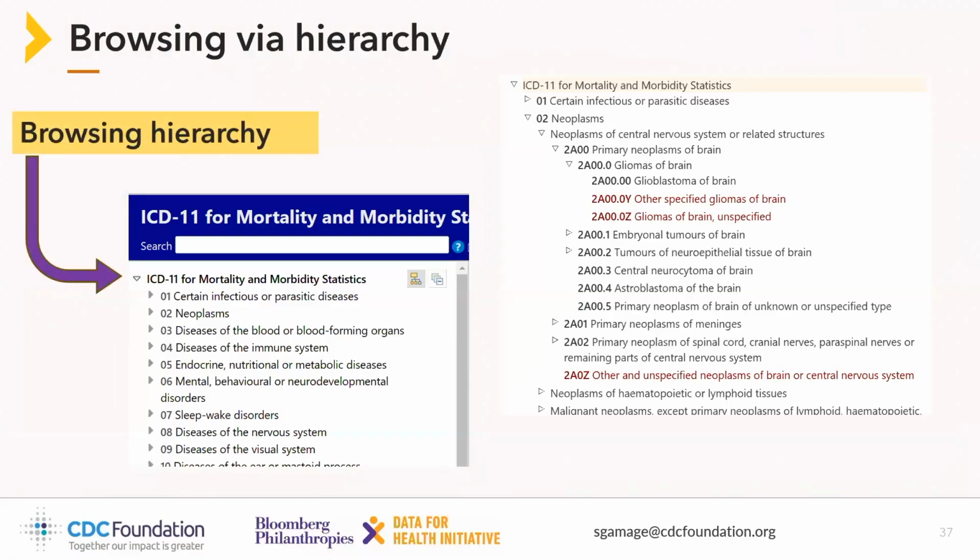So I click on this triangle, ICD-11 for mortality and morbidity statistics. All chapters are open. And then you can search for neoplasms, neoplasms of central nervous system, primary neoplasms of brain, gliomas of brain. So you can keep on searching or browsing via hierarchy.